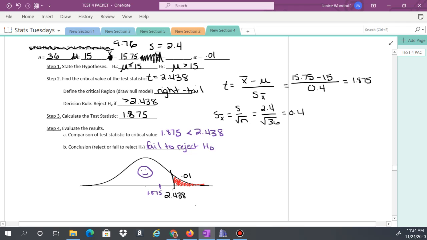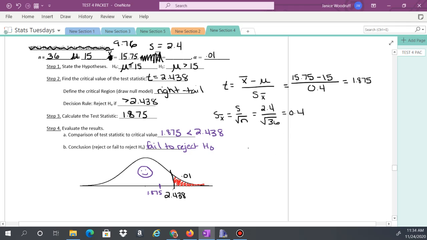We do not have significant evidence against the claim that we get orders out within 15 minutes. So the journalist's conclusion is not fair to the restaurant based on this information, at a 1% significance level. Basically, 99% of the time, the orders are coming out within the mean.